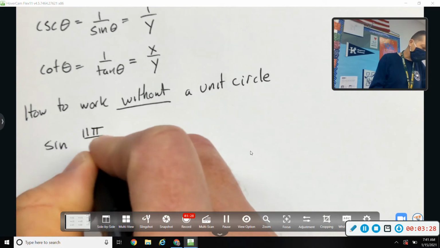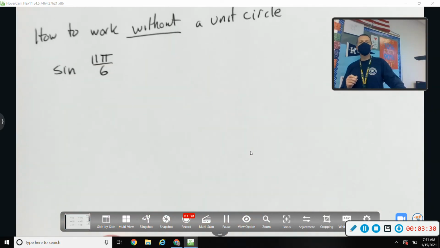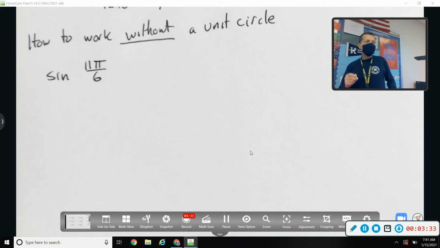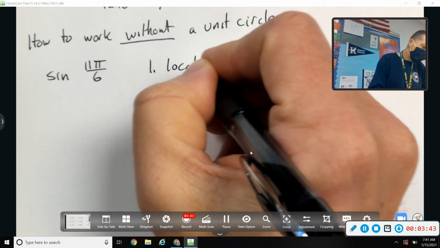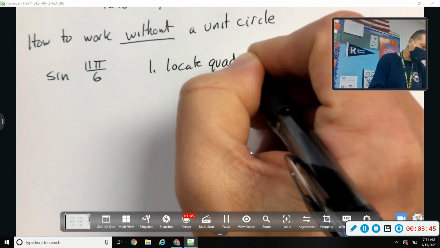So let's find the sine of 11 pi over 6. First of all, I don't expect you to have that memorized, right? I don't have that memorized. For me to find that, I need to think through what I'm about to show you. The first step is to locate the quadrant.